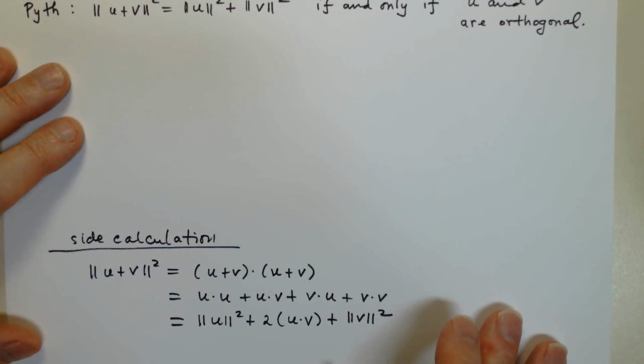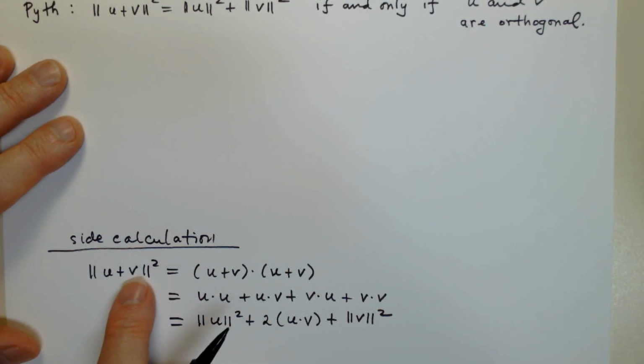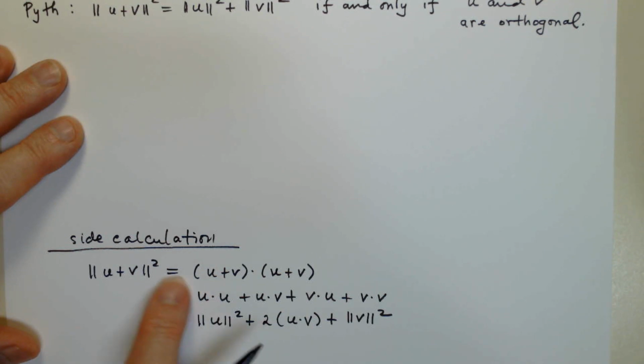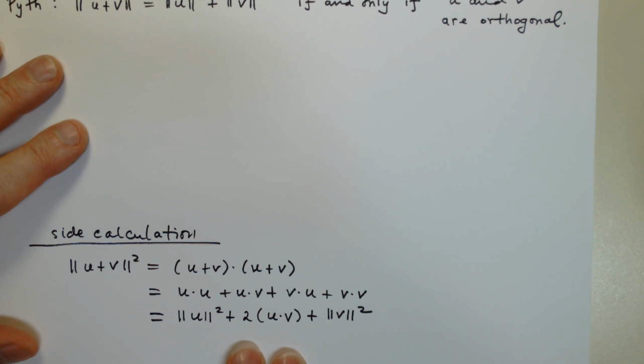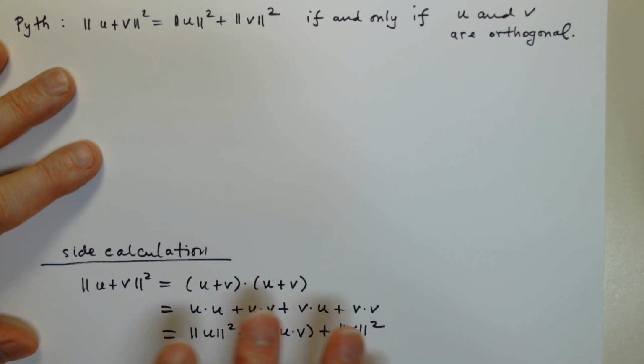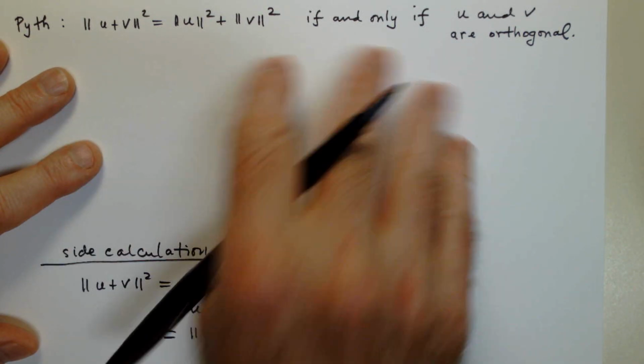Okay, so what I'm going to do is rewrite this formula by bringing the length of u squared to the other side and the length of v squared to the other side. So here's my master formula that I want to have in place before I start the proof of this.